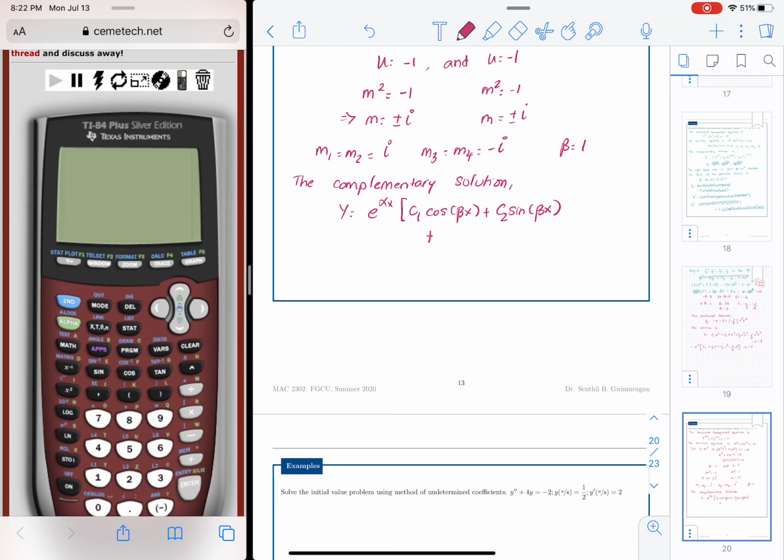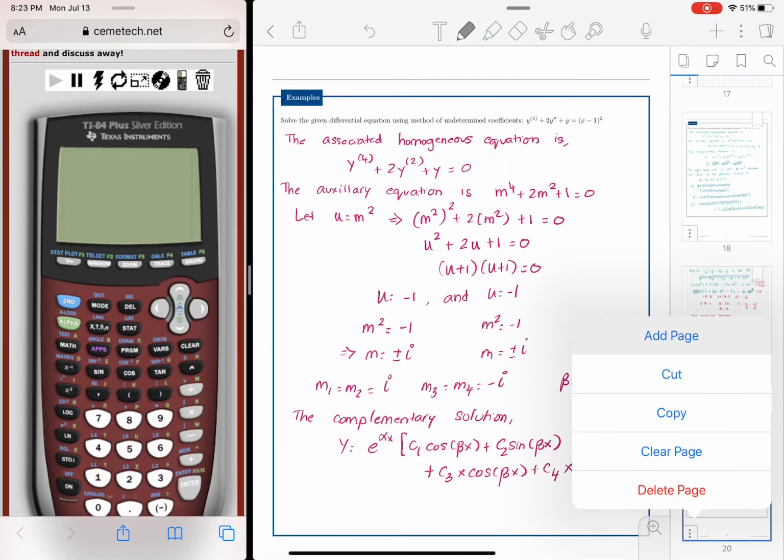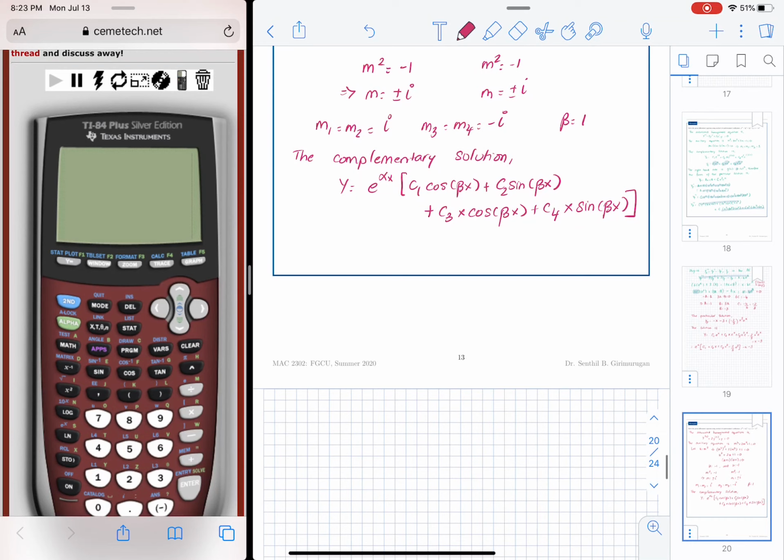Now, these are repeating solutions, so we have C3 x cosine beta x, plus C4 x sine beta x. Alpha is 0, so y is e raised 0x, C1 cosine x, C2 sine x, C3 x cosine x, plus C4 x sine x.